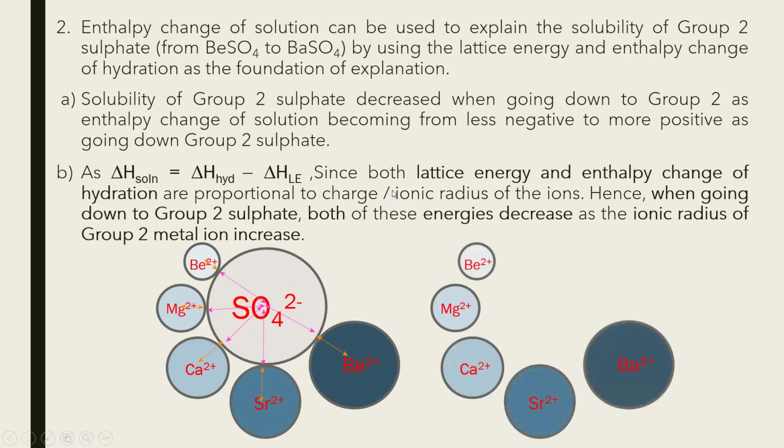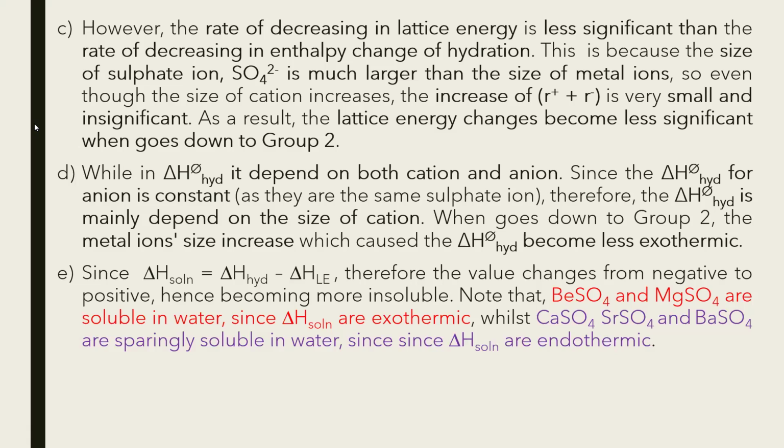Hydrations are measured separately. If there is no sulfate ion, you can see that the difference between the ions is very significant. That is why we say that the decrease in the lattice energy is less significant compared to the decrease in the enthalpy change of hydration, due to the large sulfate ion size.